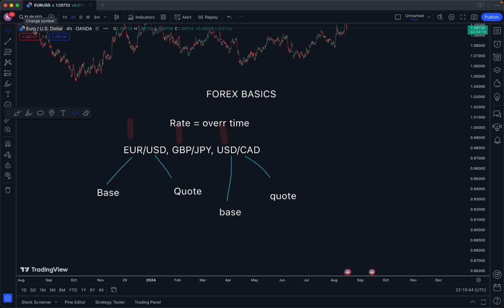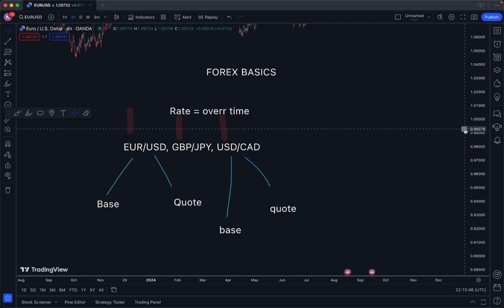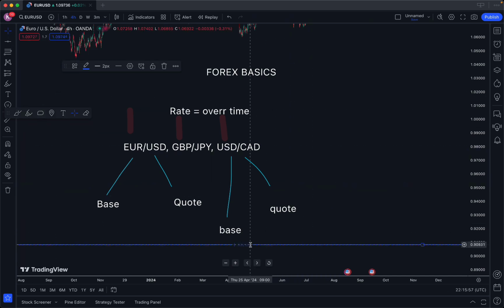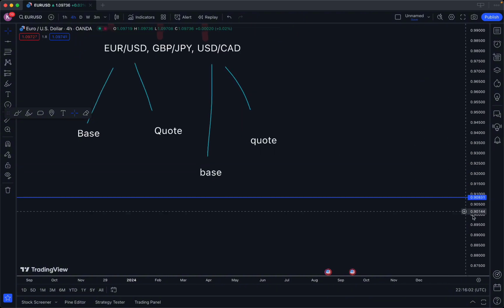So if you are having 1 euro, the numbers you see here are the USD. Maybe the current exchange rate of Euro USD is, let's take this for instance, 0.9083.